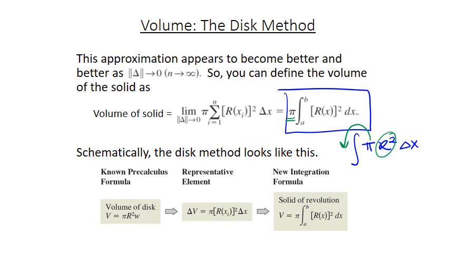Everything is in terms of x, so instead of writing delta x, we're going to represent that as the change of x, or dx, and we're going to write r as r of x because it's a function in terms of x. So our formula is this, and you can see the progression that we have taken to get there.